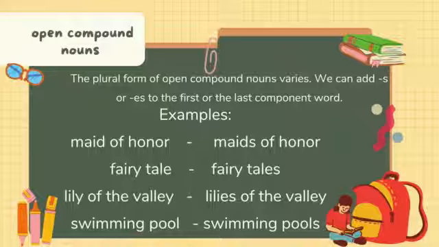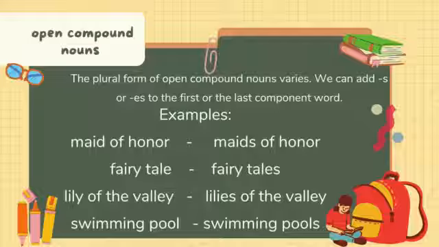And last one, we have the open compound nouns. Okay, to form the plural of an open compound noun, it actually varies. Sometimes we add an S to the first component, or you could put the S or ES to the last component of the word. That would depend.